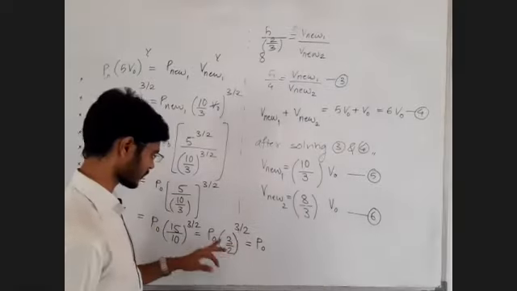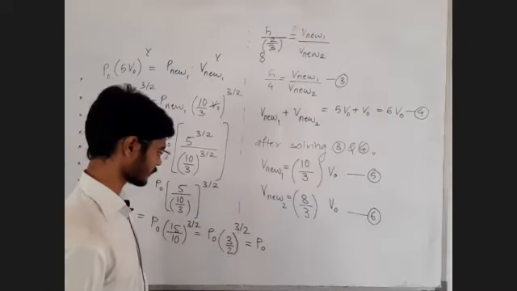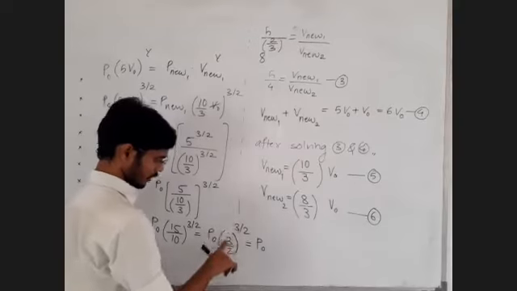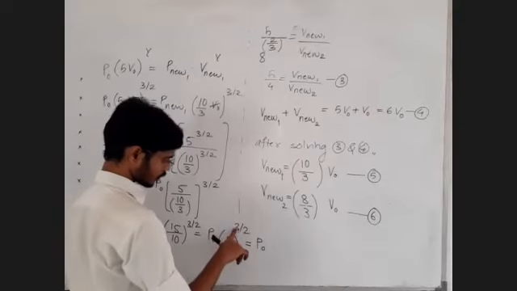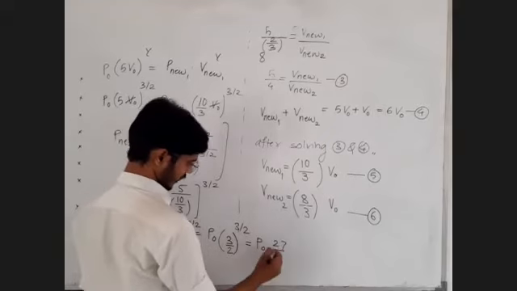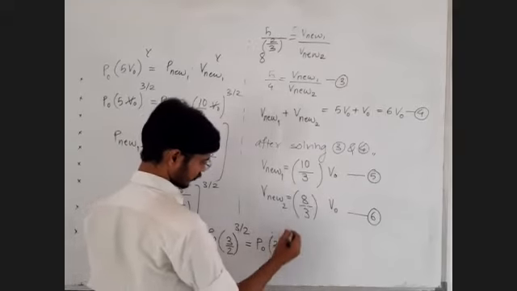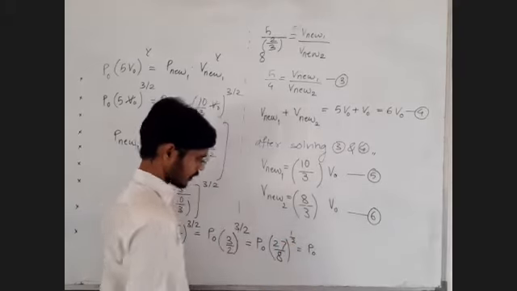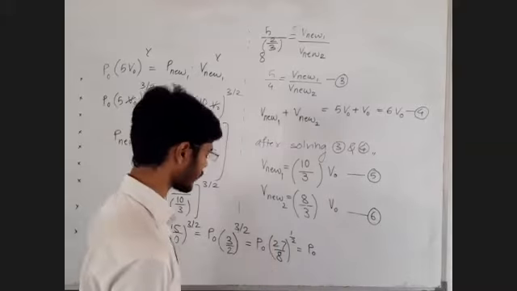So 3 by 2 raised to 3, and then we have to take the square root as well. 3 raised to 3 is 27, 2 raised to 3 is 8, and then we take the square root. So that will become P0 times the square root of 27 upon 8.